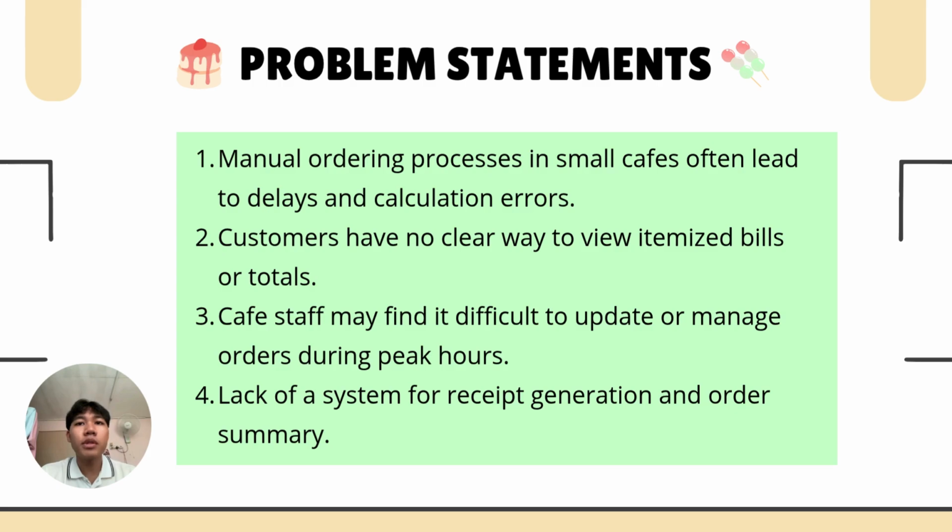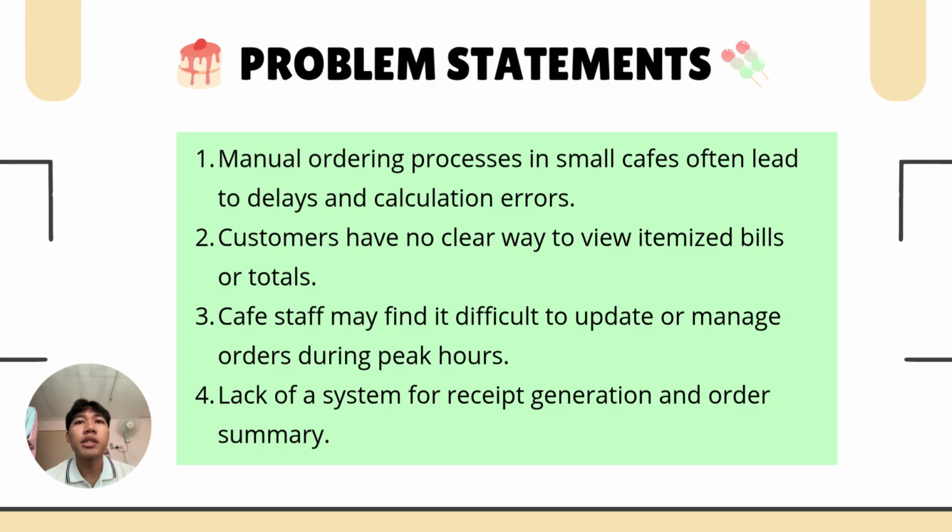Miscommunication between the counter and kitchen staff can result in incorrect order, while manual bill calculation can lead to overcharging or undercharging customers. Second is customers have no clear way to view itemized bill or totals.